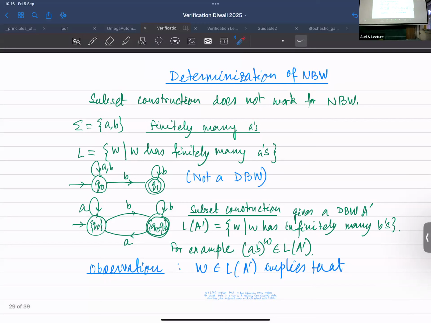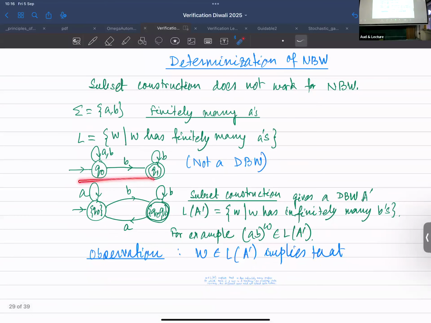Here is the NBW for this language, where w has finitely many A's. What would you like to do? You have all studied subset construction for automata over finite words. If you do the subset construction for this automaton, you get something like this.